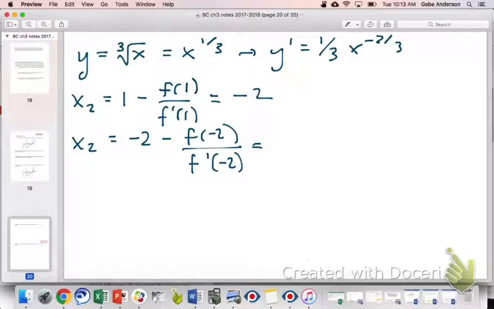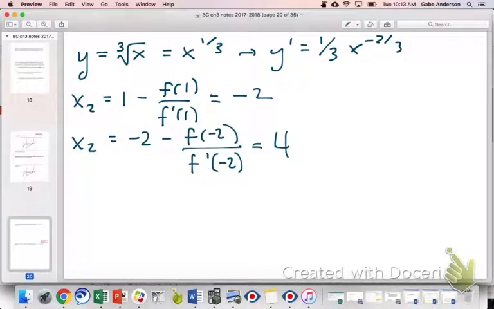Probably be a little easier if you simplified that fraction, if you just simplified it in general. And that's what I just did. It makes it a lot easier. So it's -2 minus -6, right? So it ends up being +4.